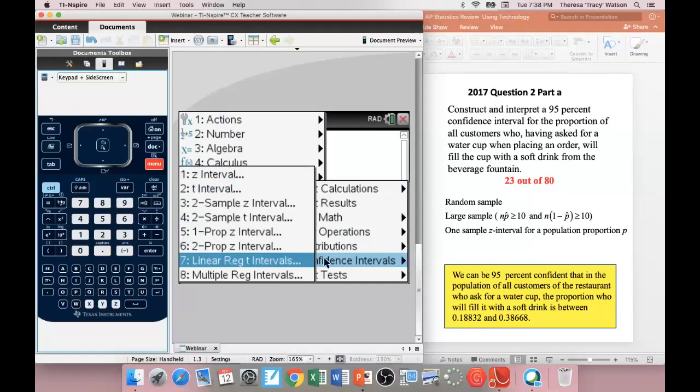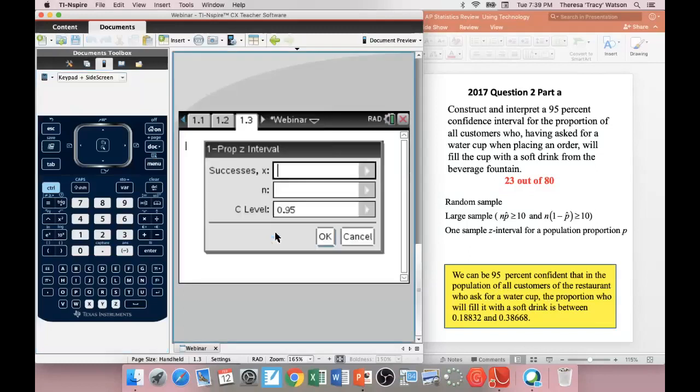And just like Mike did, I'm going to select the one prop Z interval in order to do a proportion, a Z test. And it gives me the questions that I need to do the calculations.